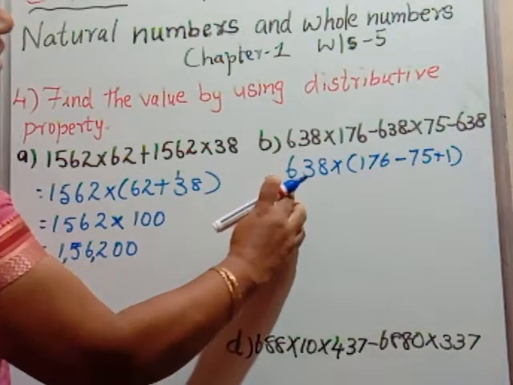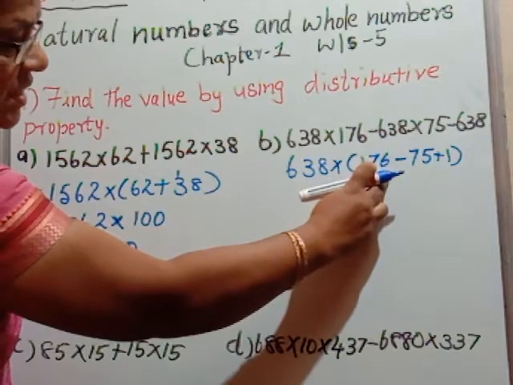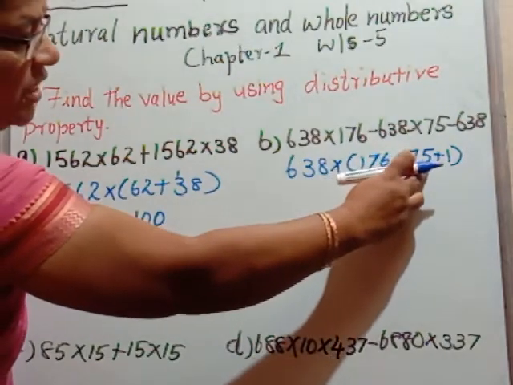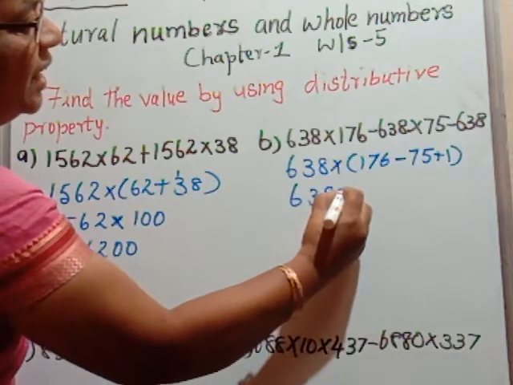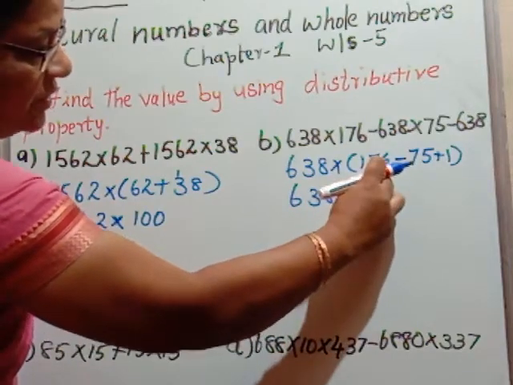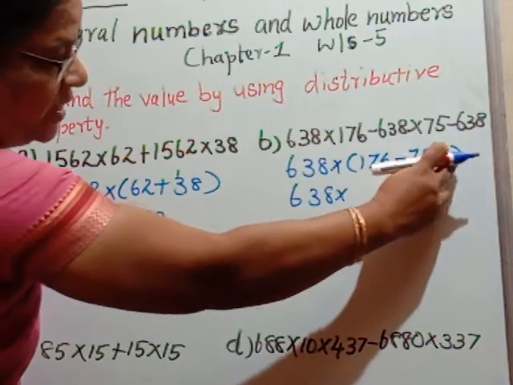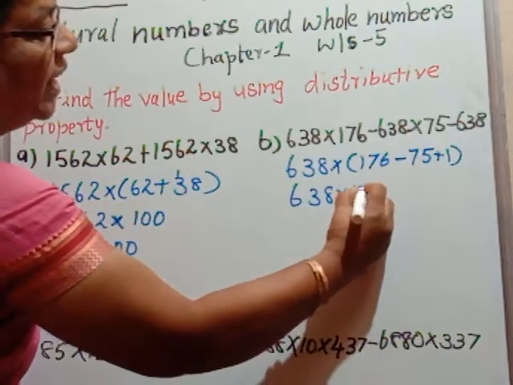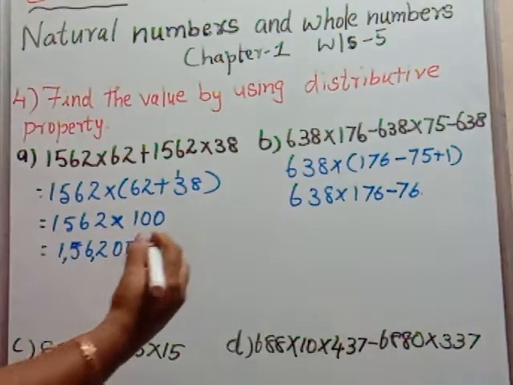Now what do I write? 638 into 176 minus 75 plus 1. So 638 into 176 minus 75 is 101. Minus one more time, so 176 minus 76 times we are subtracting.